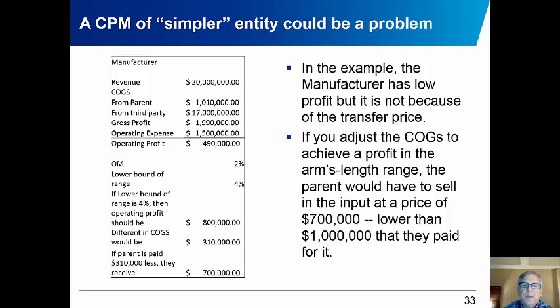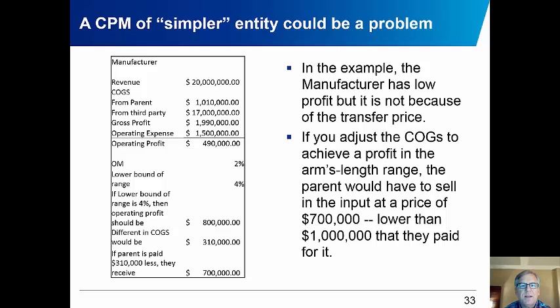Okay, but what if the lower bound of the range for this manufacturer was a 4% operating margin? If that's the case, then the operating profit, 4% times the revenue number, would be $800,000. In order to achieve that operating profit, you'd have to create a difference in the COGS: the difference between the $490,000 that they recorded as operating profit and the $800,000 you think they should earn.